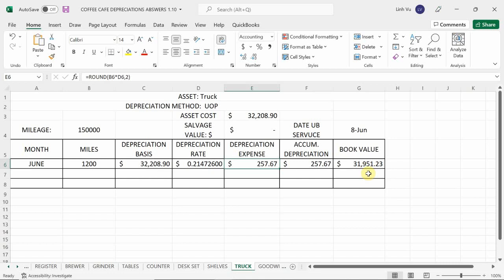Two reasons. Why do we not need to adjust this number?